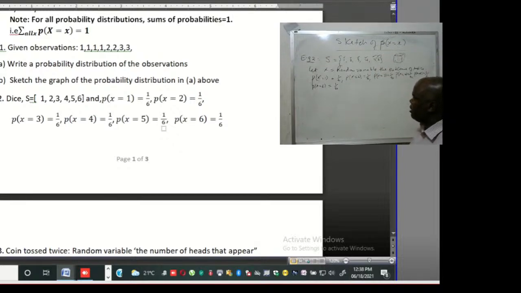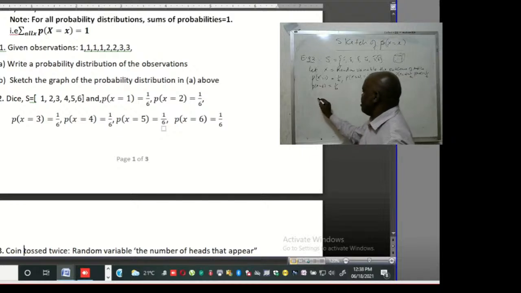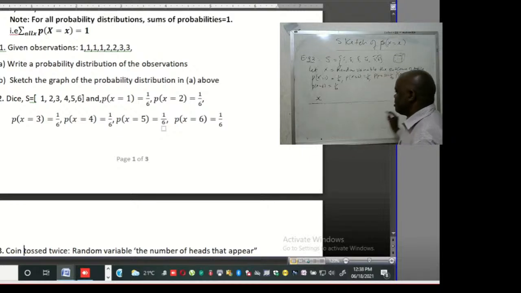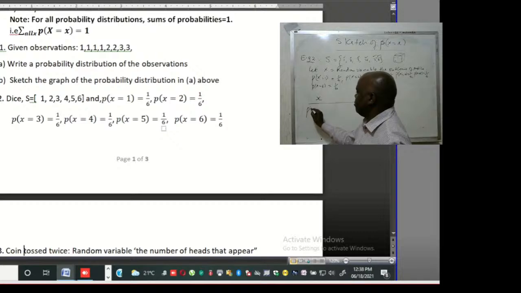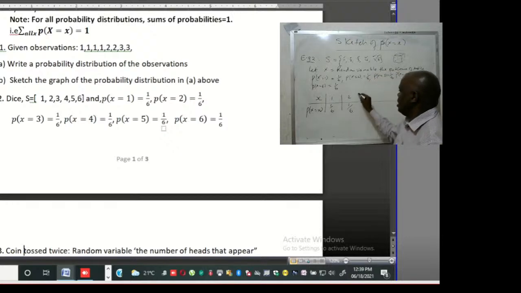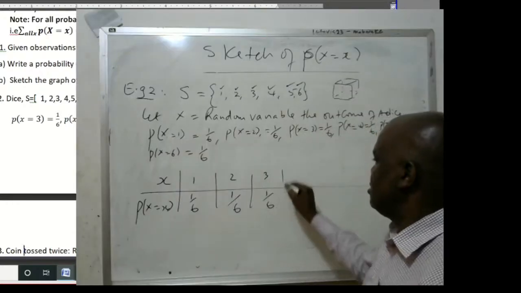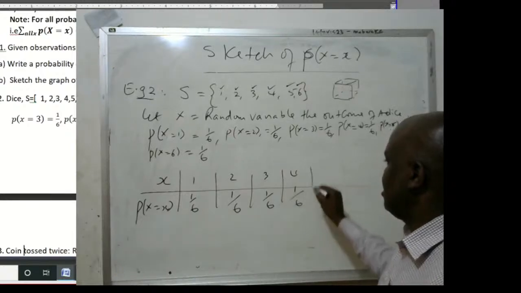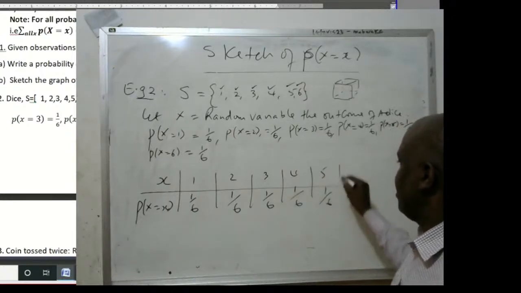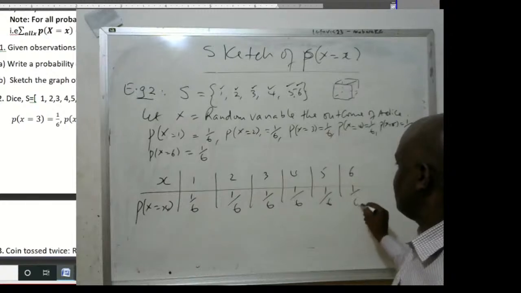Then 2, it is a probability distribution, because when we sum these probabilities, we get 1. For all PDFs, the sum of probabilities should be equal to 1. So that means we can write our probability distribution as x and the probability of x. Getting a 1 has probability 1 out of 6, getting a 2 is 1 out of 6, getting a 3 is 1 out of 6, getting a 4 is 1 out of 6, getting a 5 is 1 out of 6, getting a 6 is 1 out of 6.